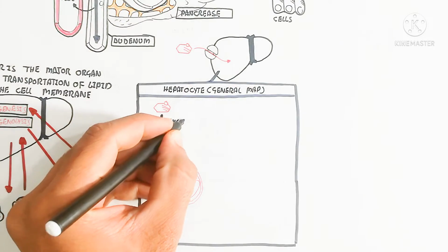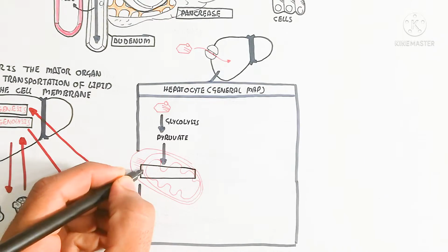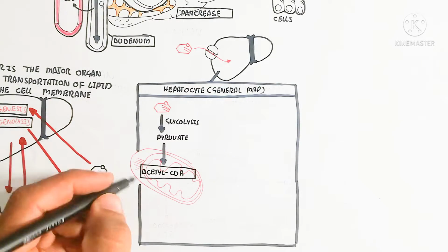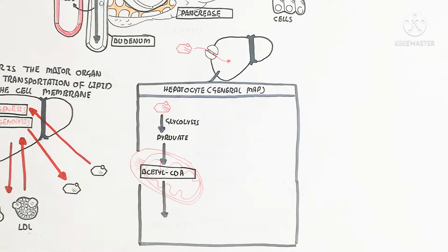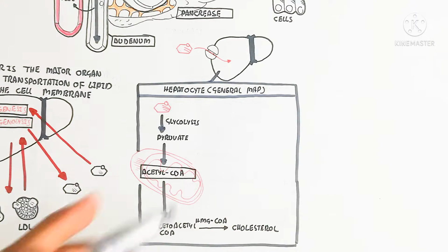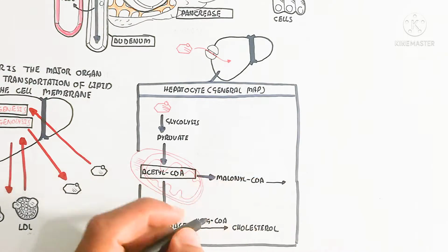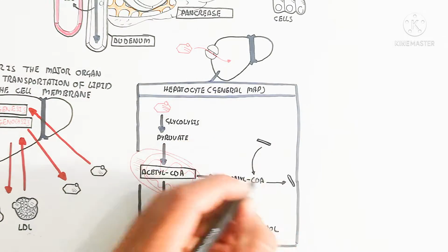This pyruvate goes into the mitochondria, where the Krebs cycle preparation and electron transport chain produce acetyl-CoA. This acetyl-CoA is effluxed, and from 2 acetyl-CoA the HMG-CoA will synthesize cholesterol.